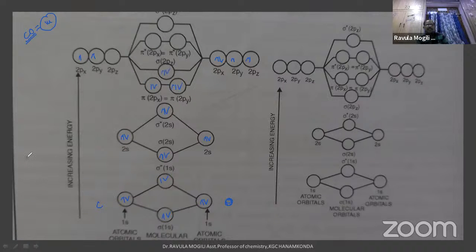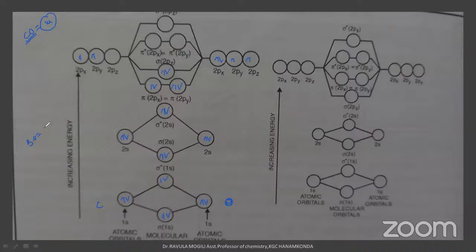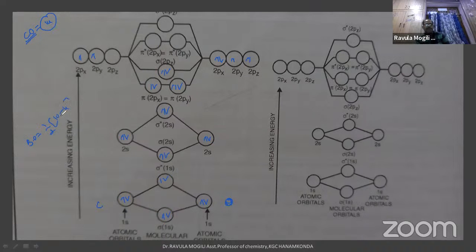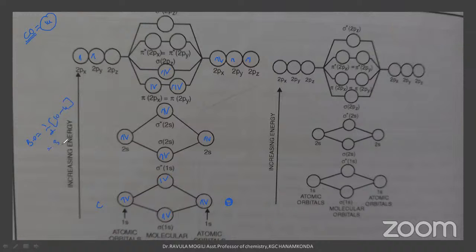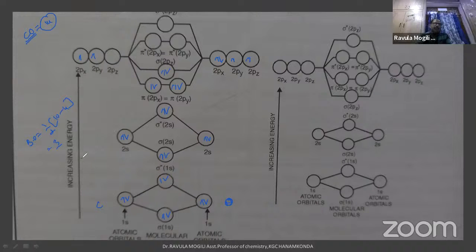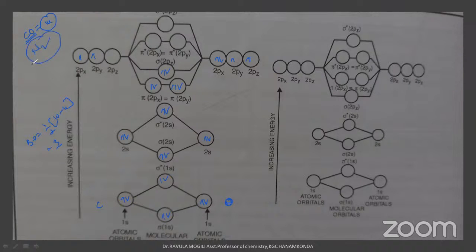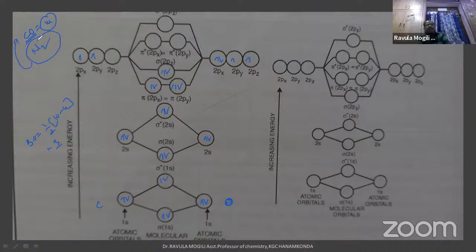So here bond order is 10 minus 4, that is 6/2, equal to 3. So it is similar to N2, isoelectronic with N2.